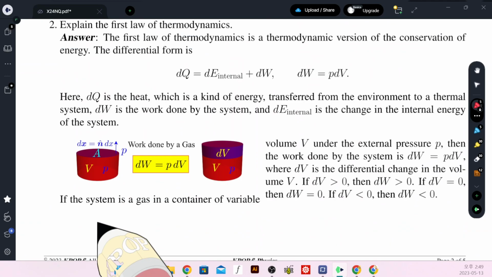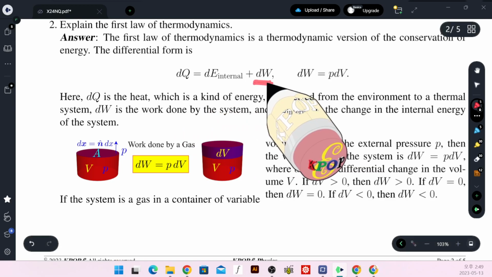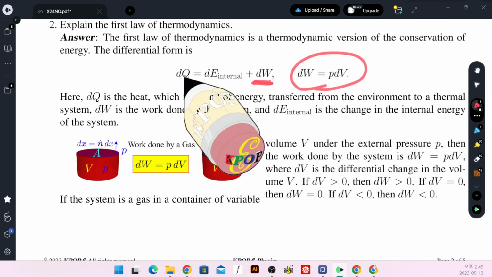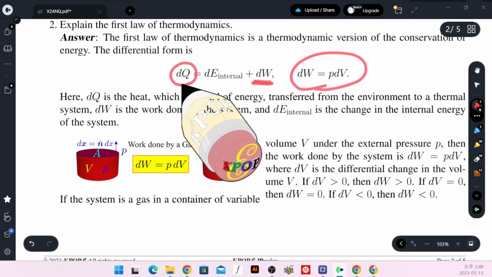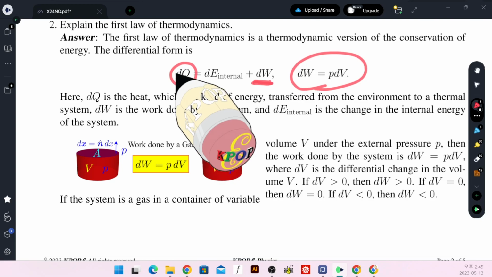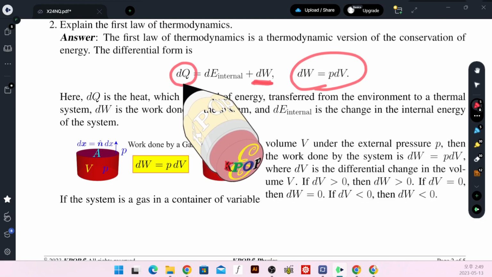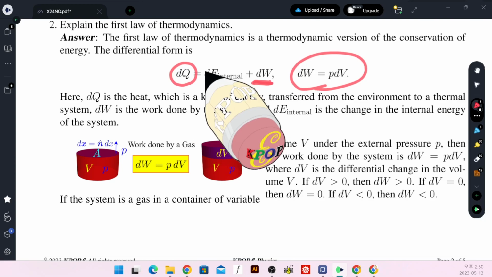Explain the first law of thermodynamics. First law of thermodynamics is nothing but the conservation of energy, including the mechanical work done by a gas and heat energy. The Q in the first law of thermodynamics represents the heat supplied by the environment to the system of gas.